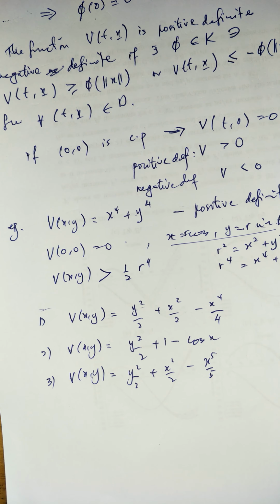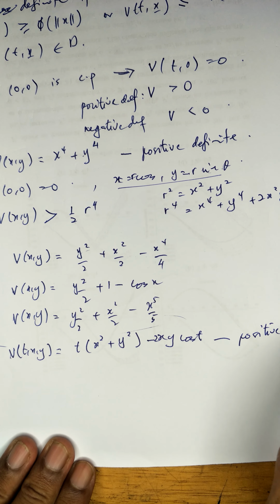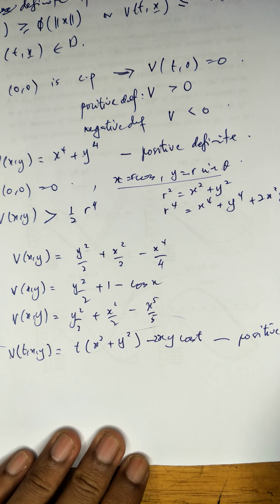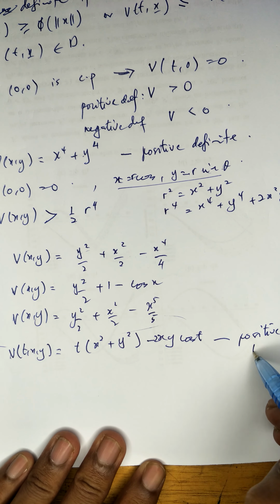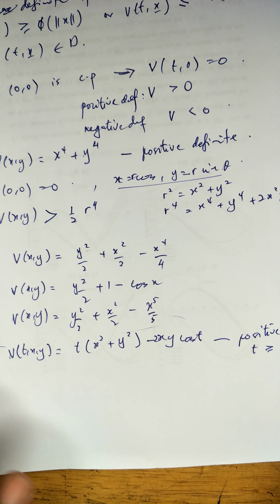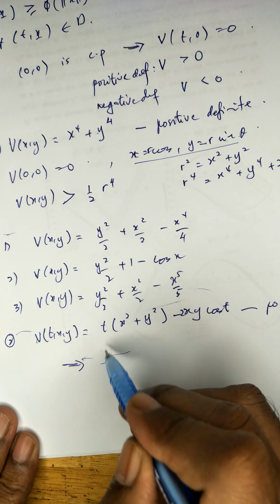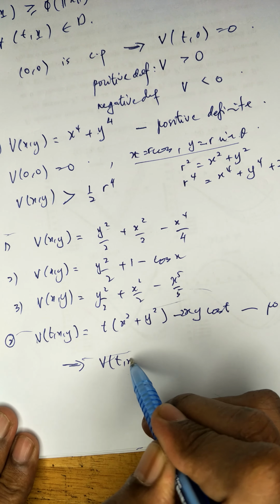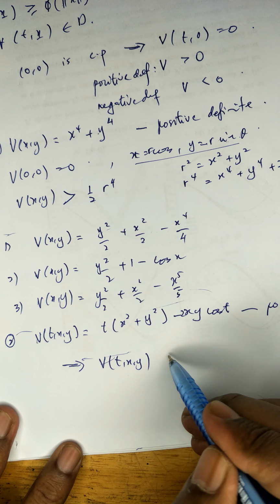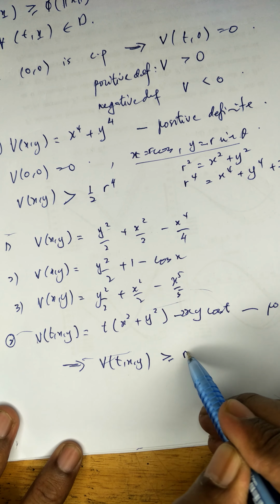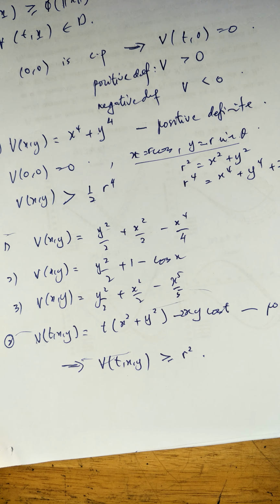This is also positive definite for t greater than or equal to 2, since of course you can write V(t, x, y) is greater than or equal to r squared. You can check those things.